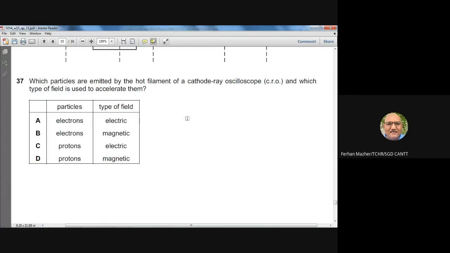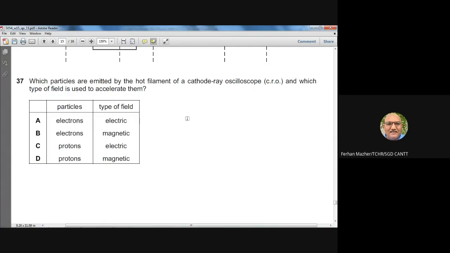So the particles which are coming out of the hot filament are electrons. And then we put an anode in front of them. That anode, which is a positive electrode, is at very high voltage, and it attracts those negative electrons.